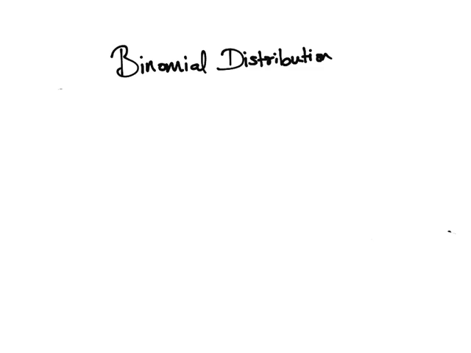Now a random variable x which has all these 4 properties of a binomial experiment is said to have a binomial distribution. I have already taught you in another video what we mean by a random variable, a discrete random variable.